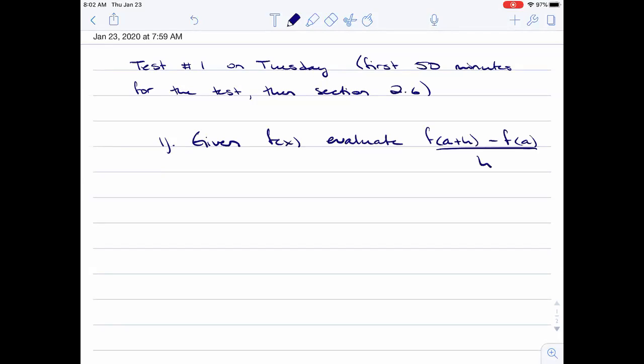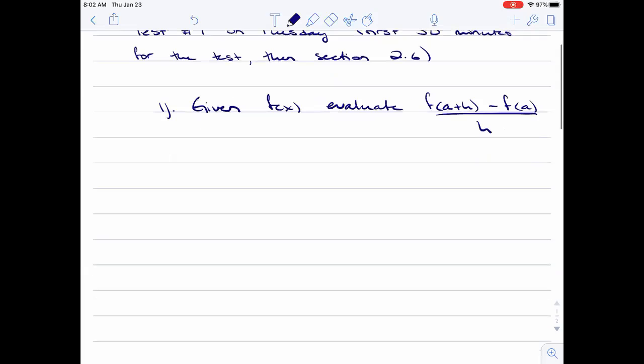If I give you any function, are you able to balloon this thing out? Evaluate it, simplify it. Remember, the goal is that the h in the denominator will cancel, and if it doesn't cancel, you did it wrong. I'd say that's chapter 1 stuff, just being comfortable with functions.